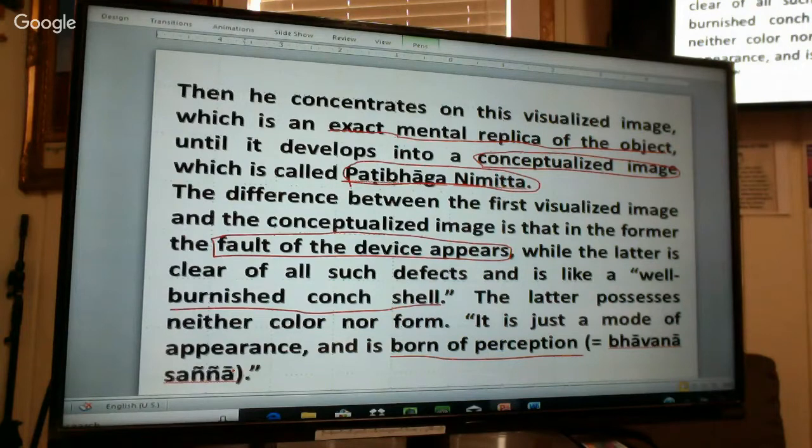So here, bhavana sanya is working with sati, mindfulness, working with concentration, ekagata, working with wisdom, panya. At that time, that possession, bhavana sanya, is very beneficial for us to upgrade our mental power.